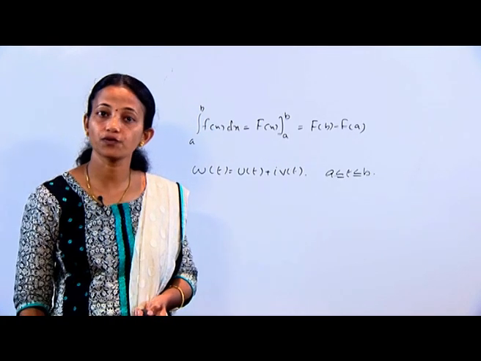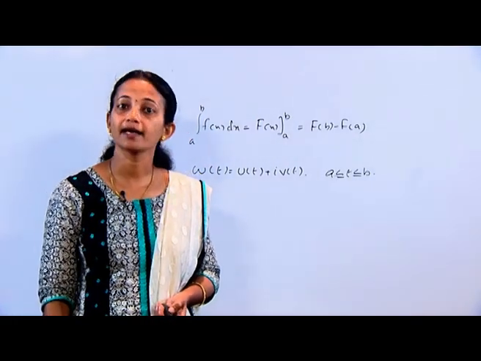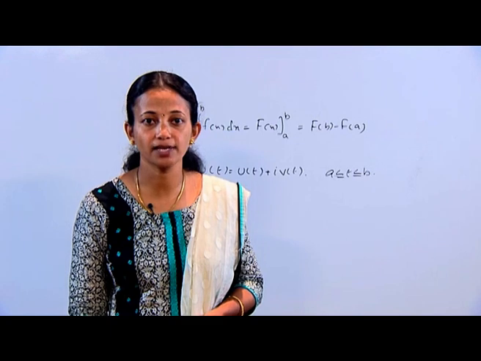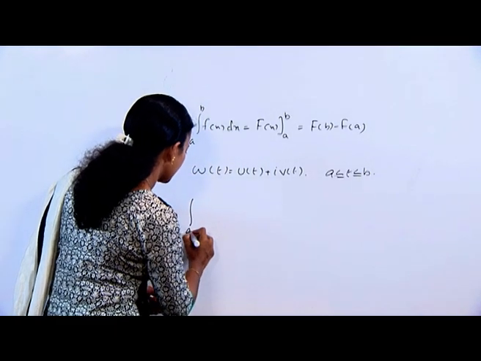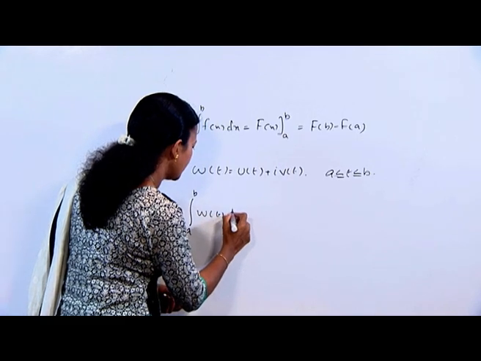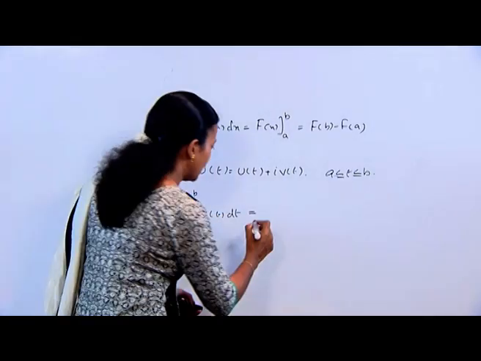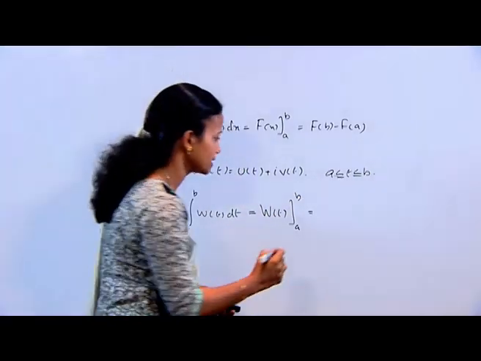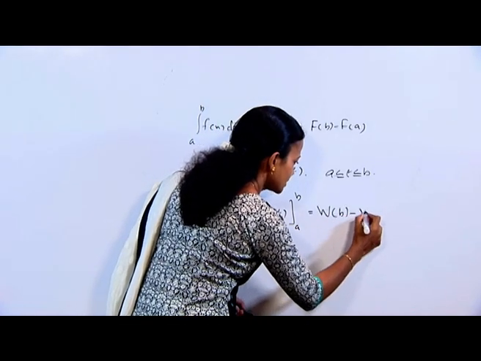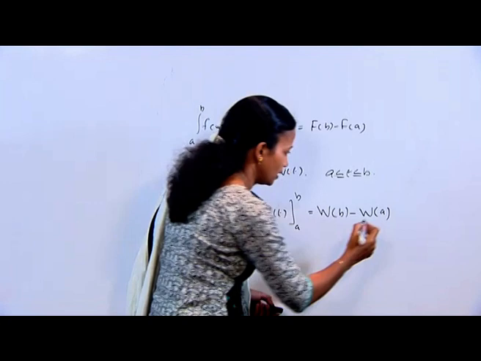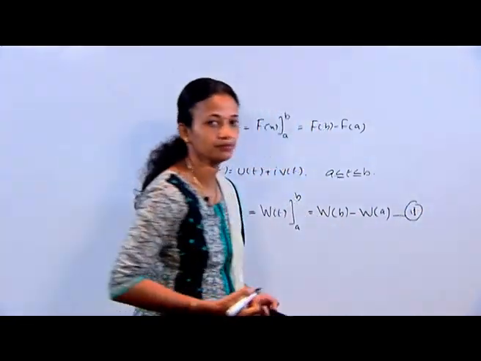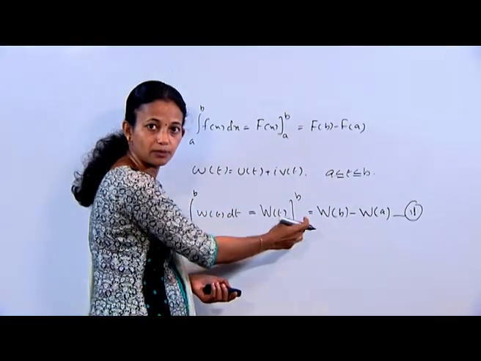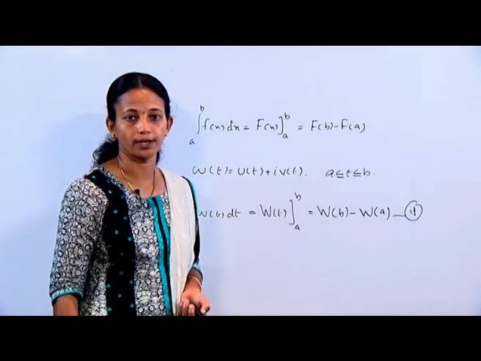If W dash of t is equal to w of t when a less than or equal to t less than or equal to b, then integral a to b w of t dt is equal to W of t over the limits a to b. This I can write as W of b minus W of a. Equation number 11. This capital W is called the antiderivative of this small w.